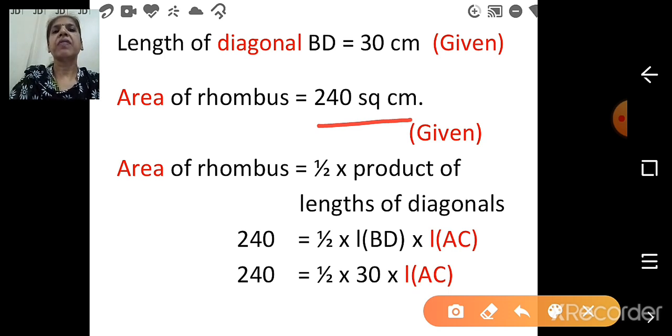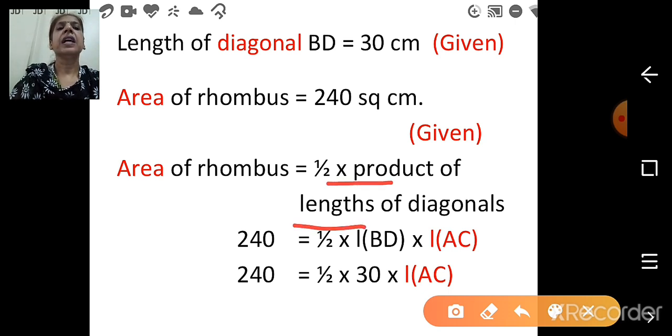Now what we have to find? We have to find area of rhombus because we want another diagonal. So area of rhombus, what is the formula? Area of rhombus is equal to half into product of lengths of diagonals. Then area of rhombus, how much is it given? 240 is equal to half. One diagonal is BD, another diagonal is AC.